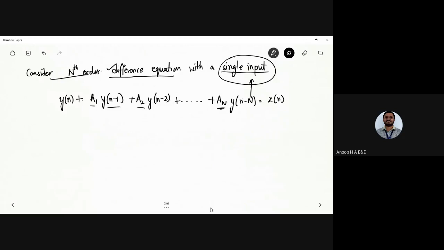Now the solution to the above difference equation can be written with y of n as the output. You have the natural response and also the forced response of the system.